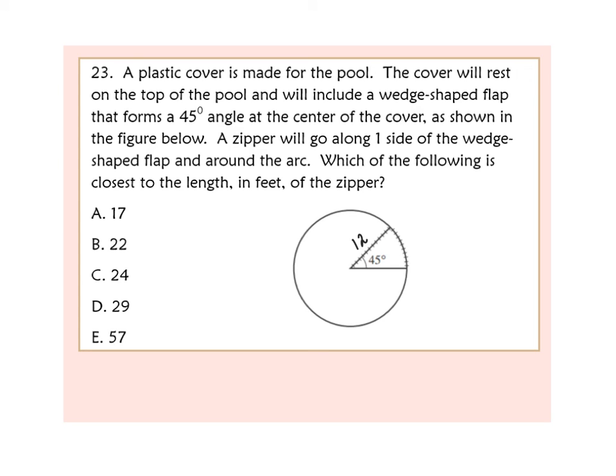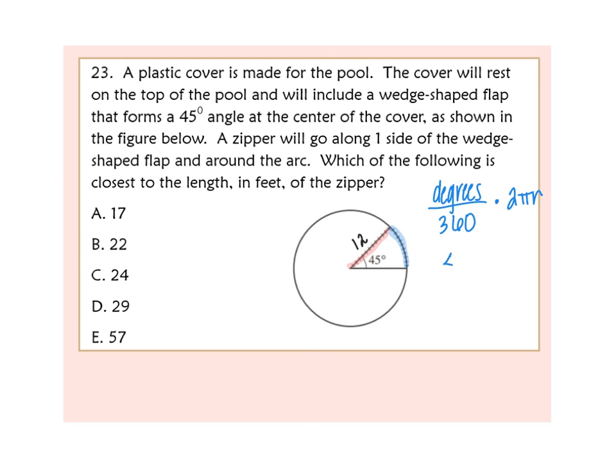So we know that this part of the zipper here is going to be 12. And we just need to find this section here. So to find that section, I need to know the arc length. And arc length is going to be degrees over 360 because there's 360 degrees in a circle, times the circumference, which is 2 pi r.